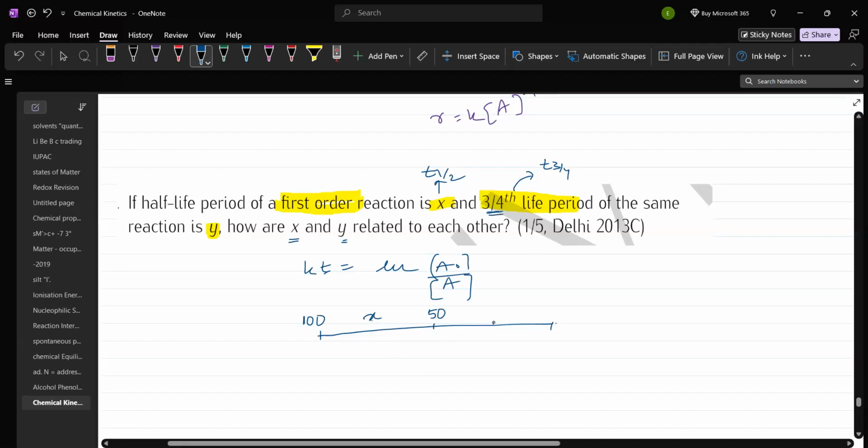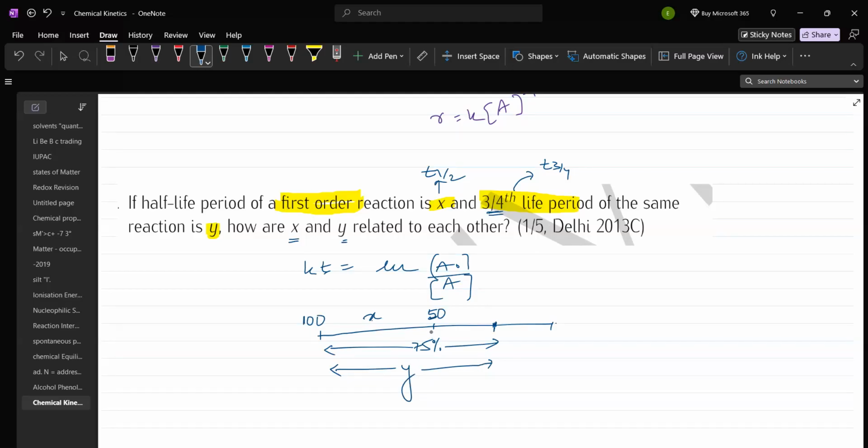So 75% has already been exhausted. This time represents Y, and this time represents X. Is the question understandable, Rishita? Yes, sir. So please try to solve this question.